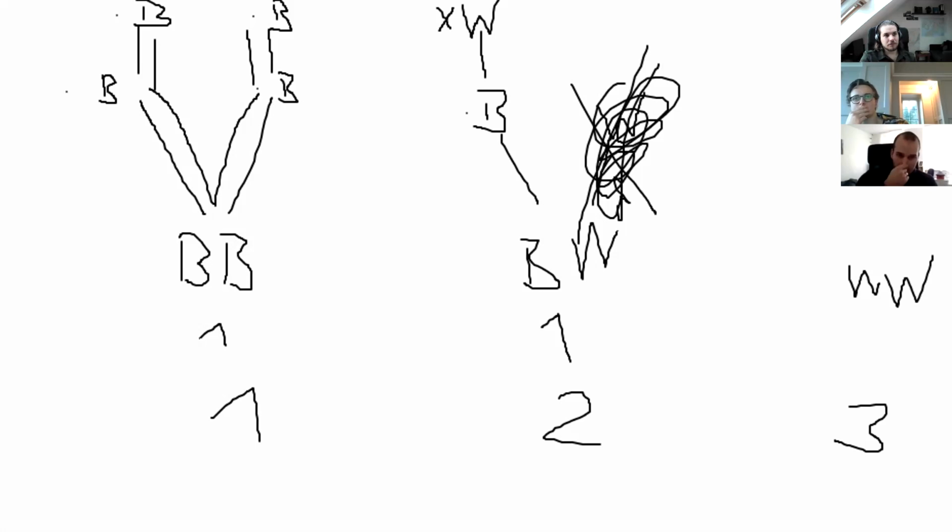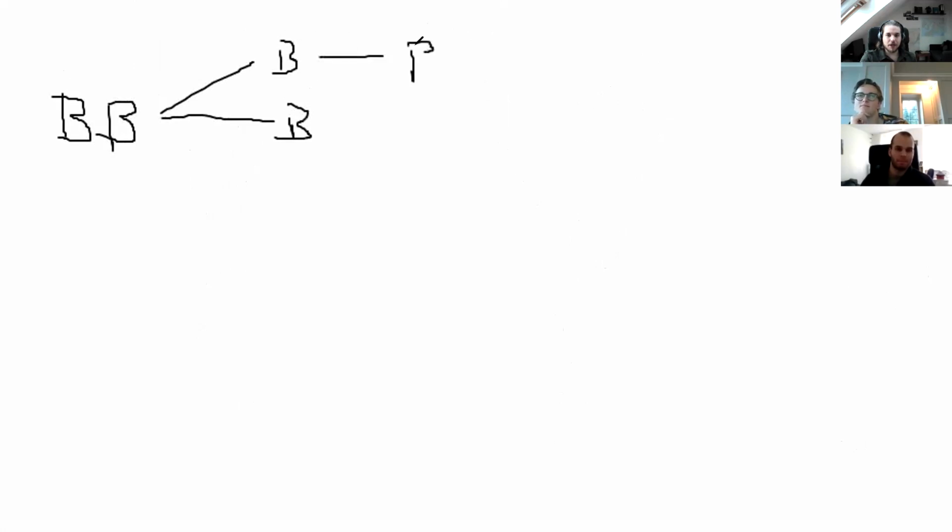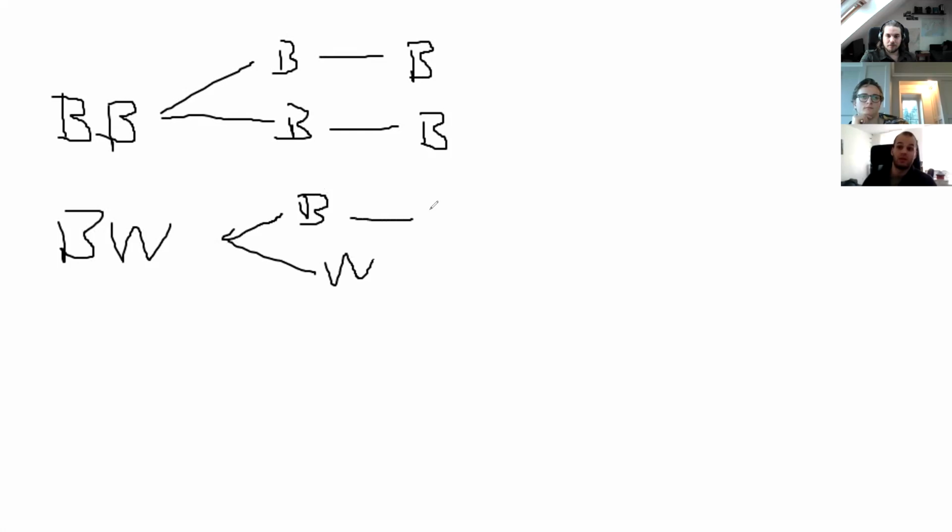Looking at these pathways, I'm just going to draw them again quickly, because we had superfluous stuff in there, which unfortunately I couldn't erase for some reason. And we are back to just 3 cards. So for black-black, there are 2 ways to produce a black card facing upwards. For black-white, there's just 1 way. And for white-white, there are 0.